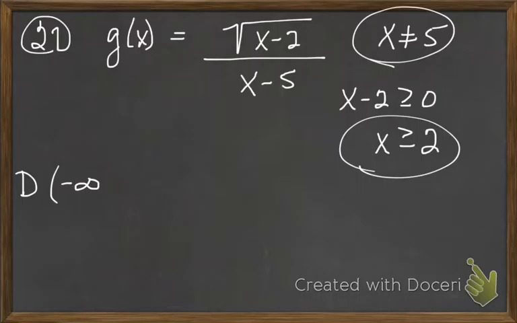Okay? Can I have 2? Yes. So we'll need a bracket. All the way up to 5. I can't have 5. So to show that I can't have 5, I'm going to use a parentheses, and then I'm going to have to use union.